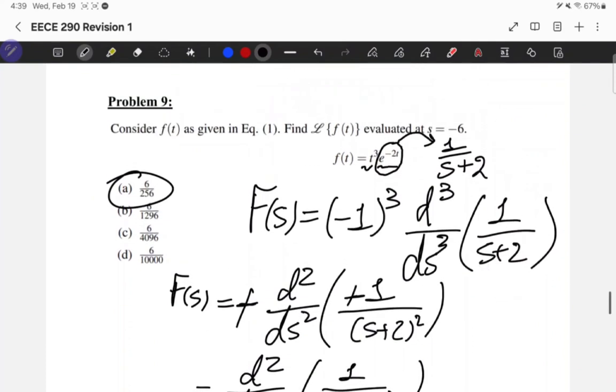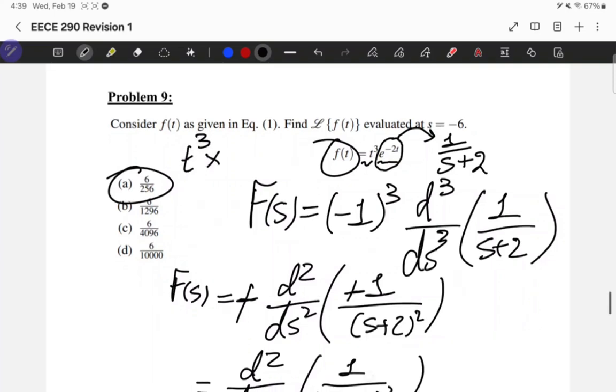So what I did in here is that I noticed that my f(t) can be written as t power something times a function that I can easily find the Laplace transform of. And I know that the Laplace transform of an exponential e^(-at) will go to 1 over (s+a). This is from the formula sheet, if you will.